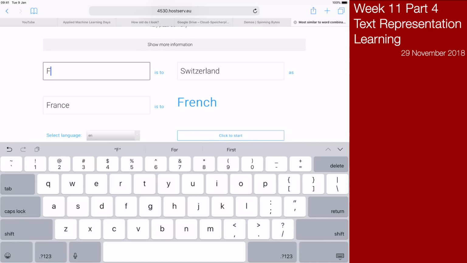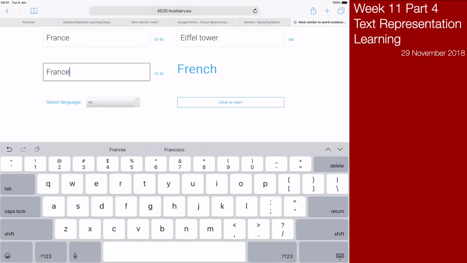Okay, I have a funny one actually. You have these interesting things like the Eiffel Tower. The Eiffel Tower is to France, it's a very important thing, right? So what other country should we do? Switzerland.